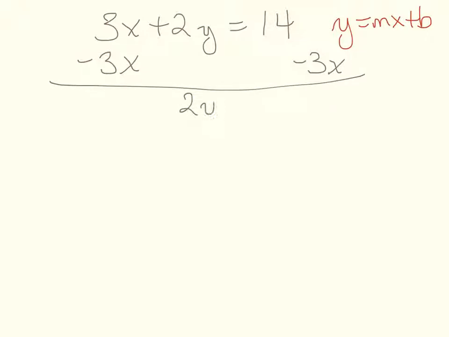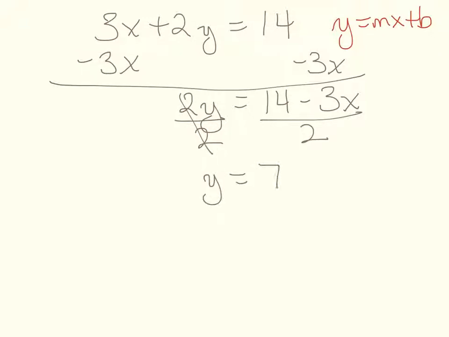Then I end up with 2y is equal to 14 minus 3x. I then want to divide both sides by 2. So I get y is equal to 7 minus 3 halves x. In order to make it look like my correct form, I'm going to switch the place of my 3 halves x and my 7.